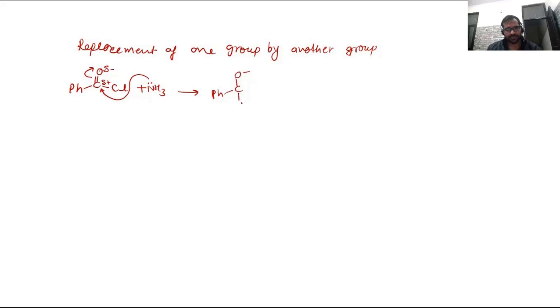and we will get PhCO with NH and H, and here we will have a positive charge and the Cl group. Now this hydrogen will shift to this oxygen, and we will have PhC(OH) with Cl and NH2.